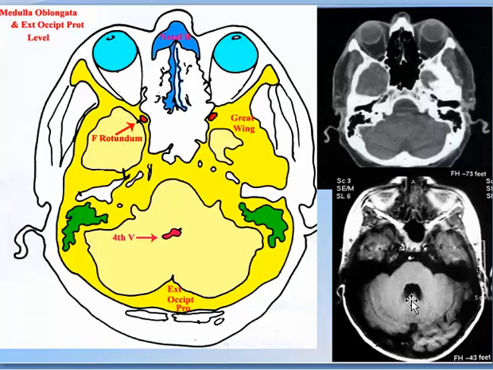This one is the fourth ventricle, and this one is the greater wing of sphenoid, and this one is the foramen rotundum. And this is the nasal bone.